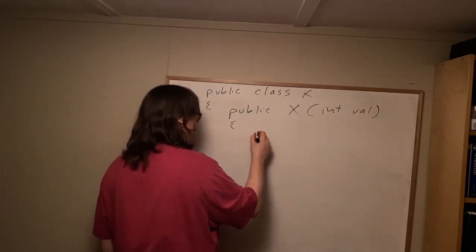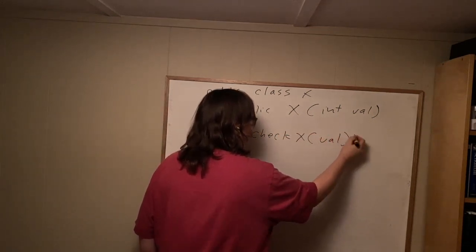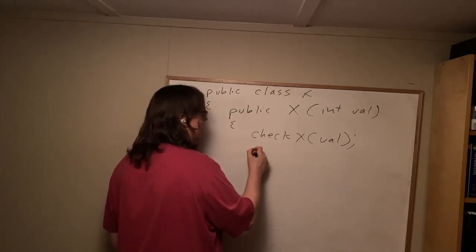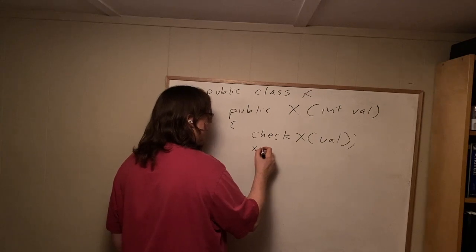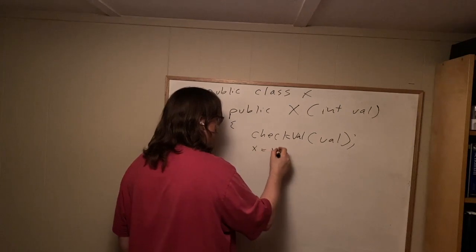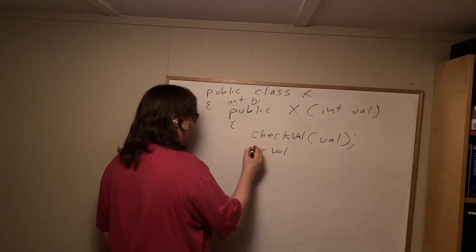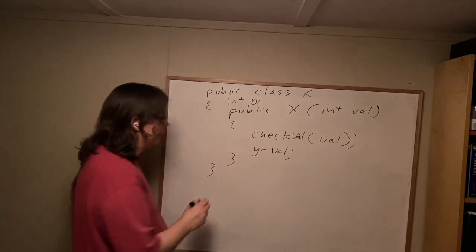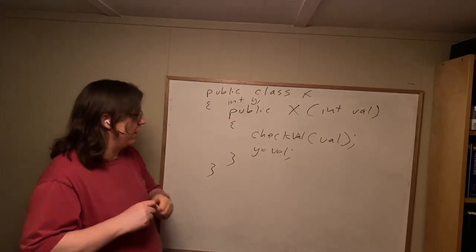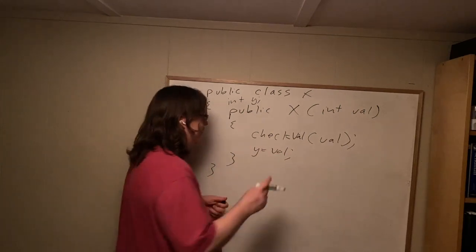And we wrote code that said check x, passing the value, and go. Check val, whatever. And then assign it a value, right? Assign the parameter to the value passed in. And then check val, or check y or whatever I call it. I guess in this case it'd be check y.